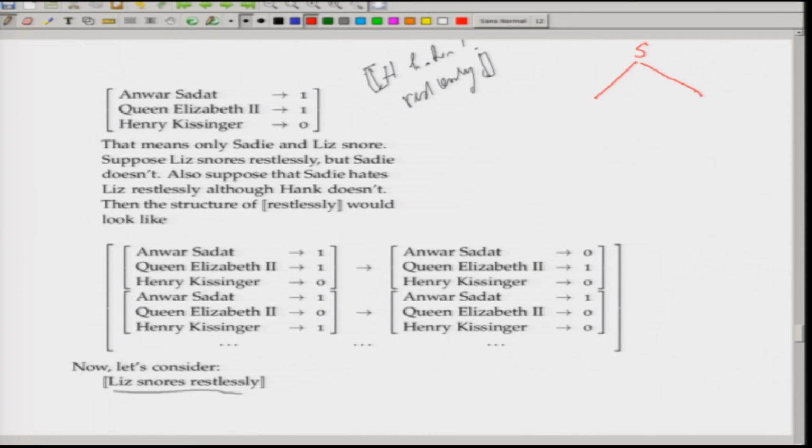S goes to N and VP, VP goes to VP and ADV, and VP goes to once again VT and N. We are done. So N, the first N is Hank, and VT is hates, and N goes to Liz, and then here is restlessly once again.